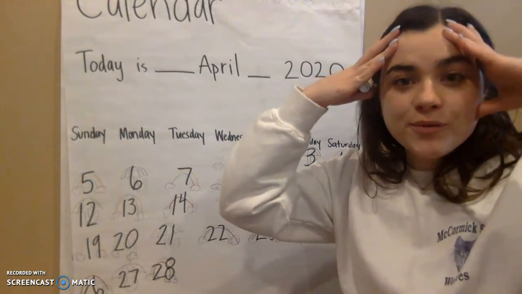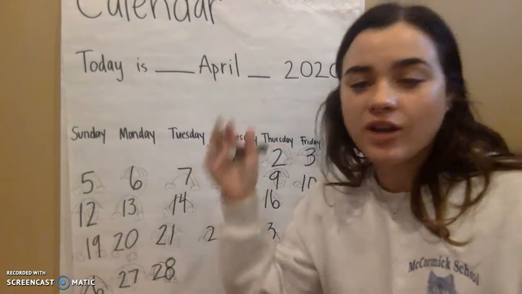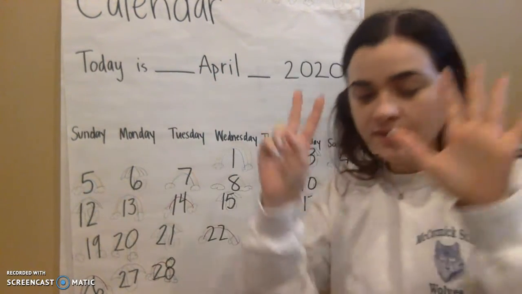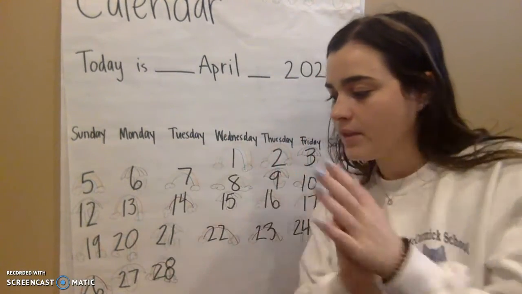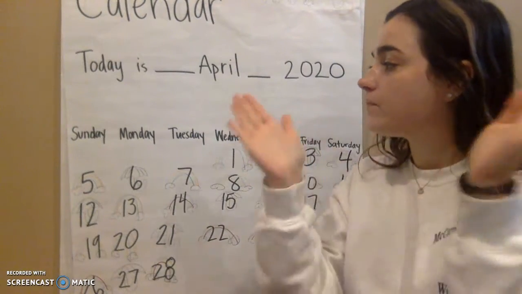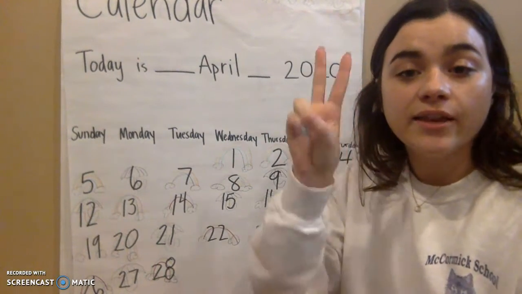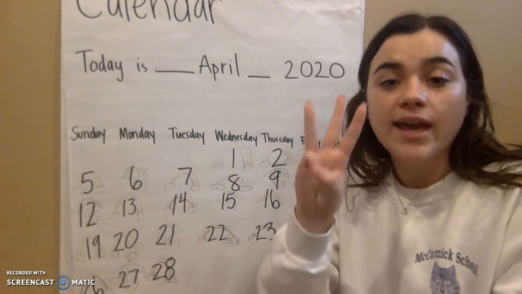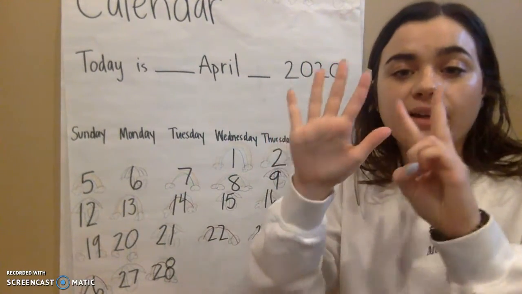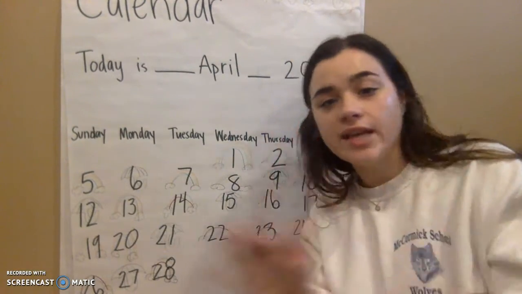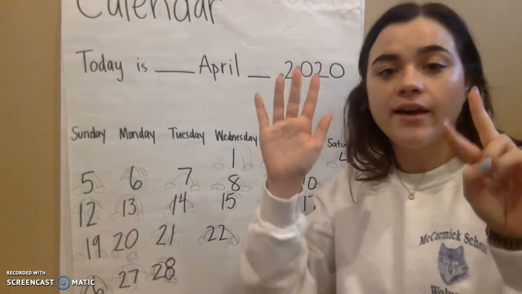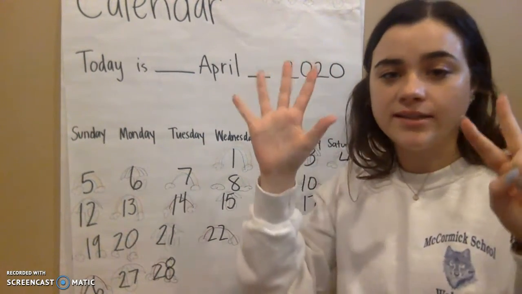Oh, Miss Sarah almost forgot we need to sing our Days of the Week song. Are you ready? 7 days, 7 days, 7 days, days of the week. There's Sunday and there's Monday, there's Tuesday and there's Wednesday, there's Thursday and there's Friday, then Saturday. 7 days, 7 days, days in the week.